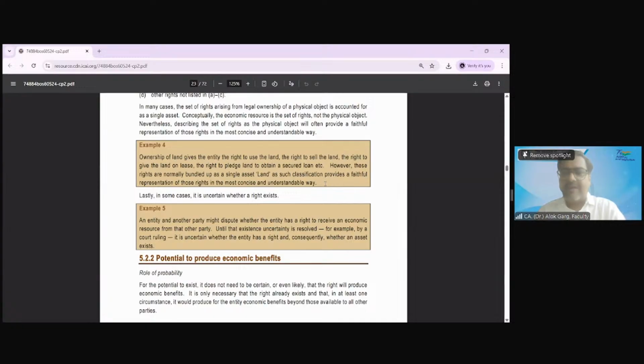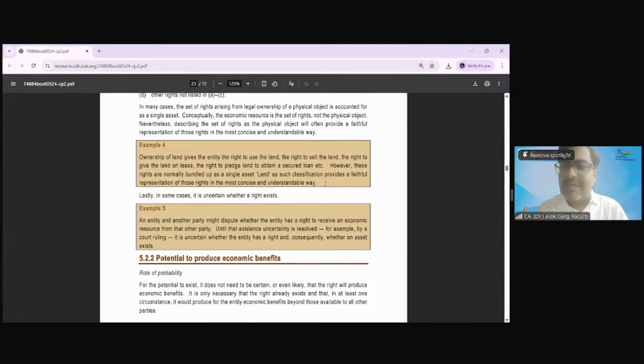What are the rights you have? It can be used, it can be sold, it can be leased, it can be mortgaged. So you purchase a single building, but you get a lot of rights.